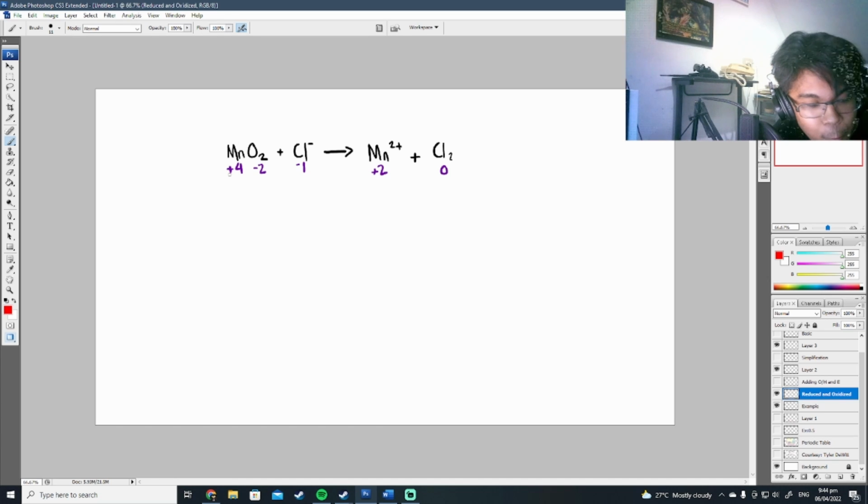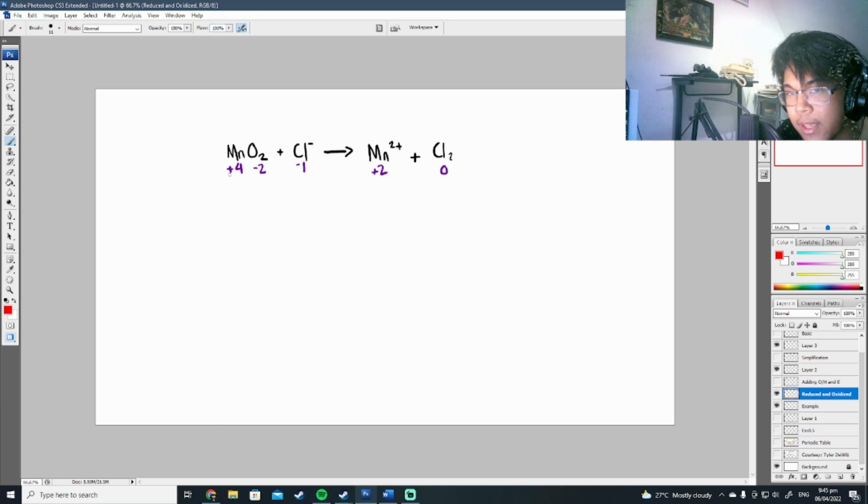An element that is being oxidized is basically an element that loses electrons, while an element that is reduced is one to which electrons are being added.